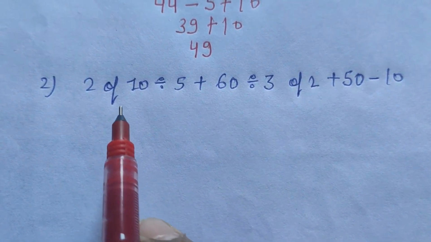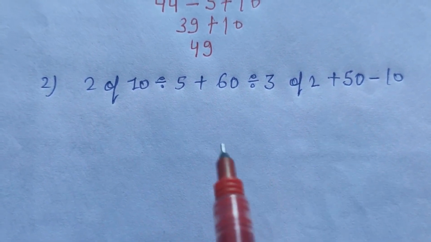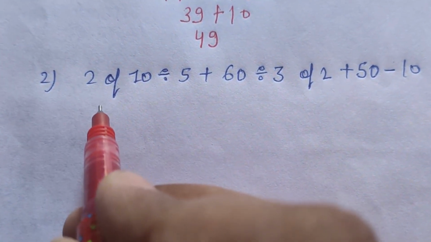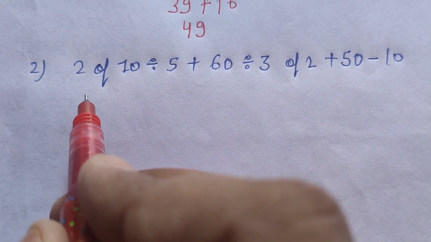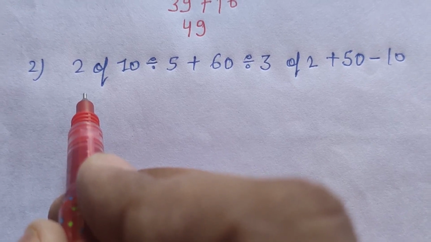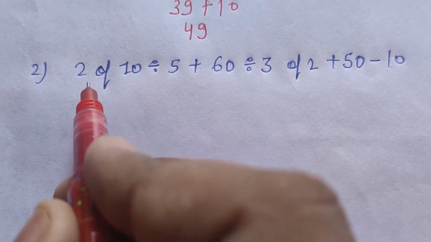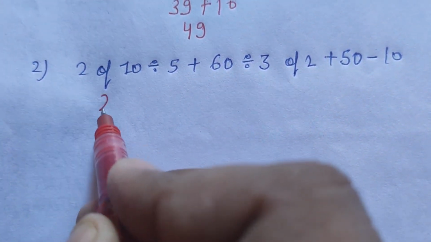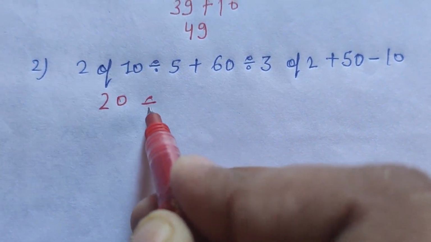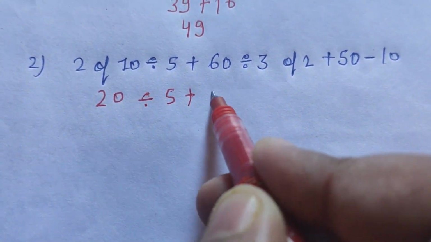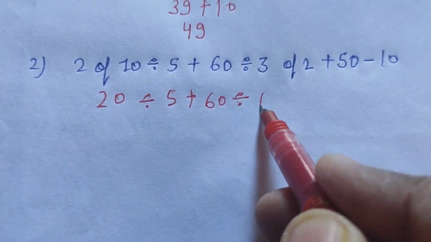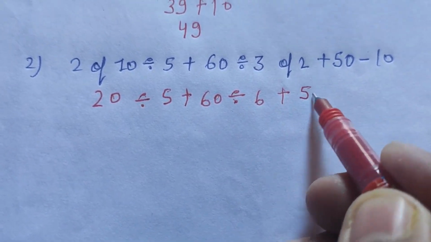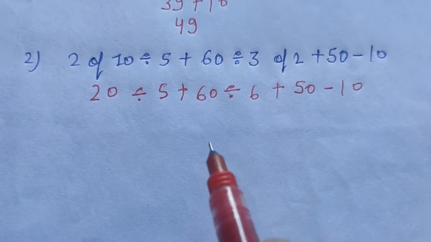Here we will solve off first, because off means we have to multiply the numbers without writing the sign of multiply. So 2 of 10 means 2 tens are 20, and the rest will be written the same. Here also 3 of 2 means 3 twos are 6, and the rest we will write the same.